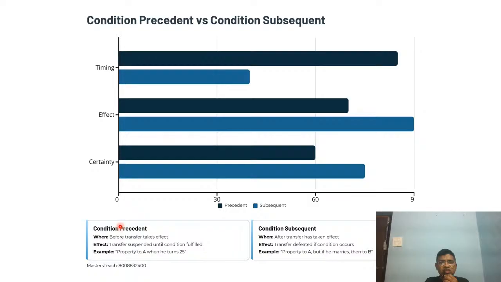This is a condition precedent. Condition subsequent: after the transfer has taken effect, the transfer is defeated if the condition occurs. Property to A, but if he marries C, then property to B. So these are condition precedent versus condition subsequent.